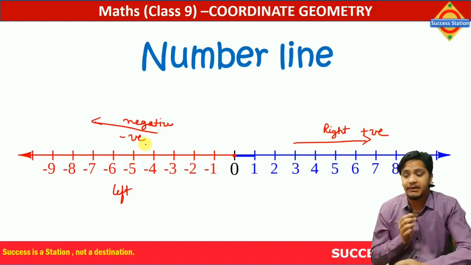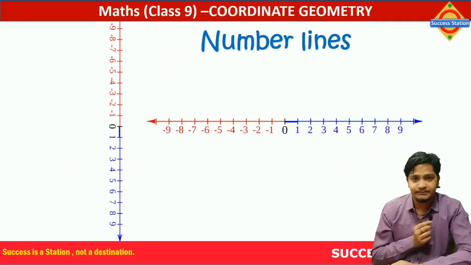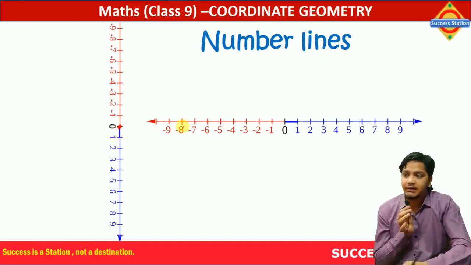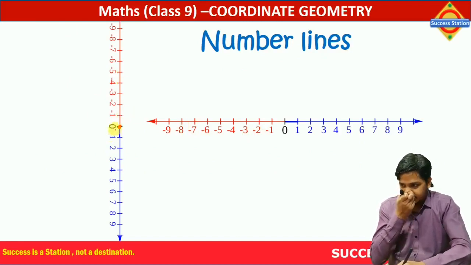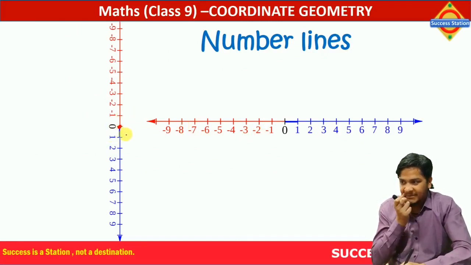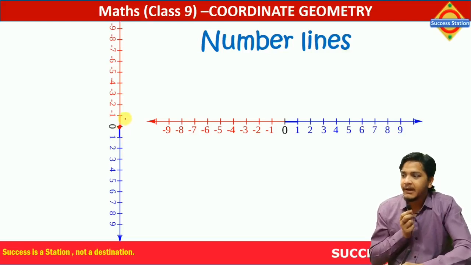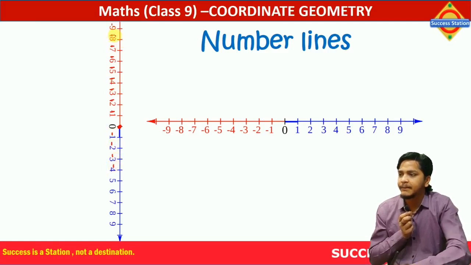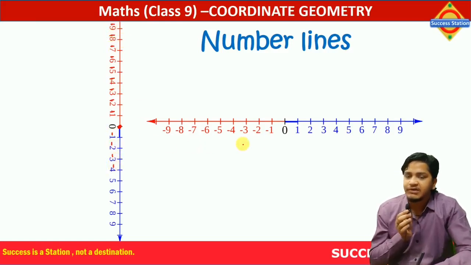The same can be a vertical number line also, right? Where all numbers, if I rotate this as vertical, so all numbers above have to be positive. This will be positive, and here negative. Clear? Right? So that's what.